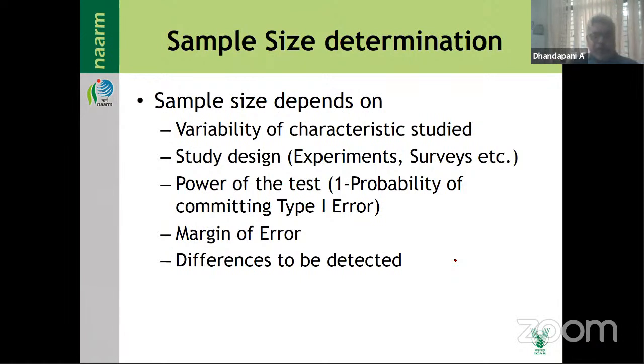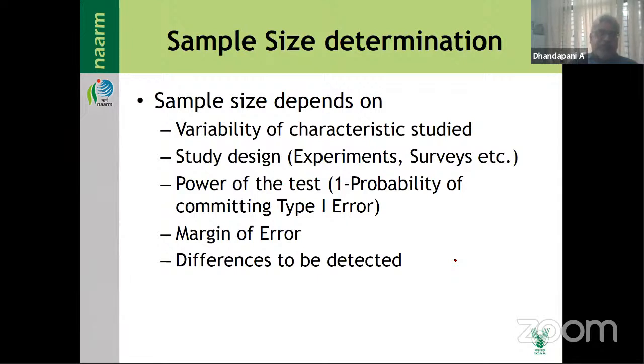Now, another way to look at this: sometimes we may be interested in detecting differences, because we are not only interested in estimating the population quantity, but we also want to test whether some difference exists between different types of employees, such as employee category, gender, or anything. So we are interested in testing certain hypotheses.